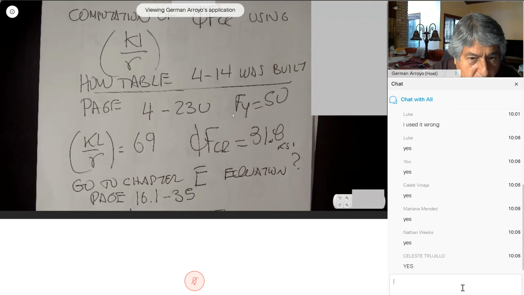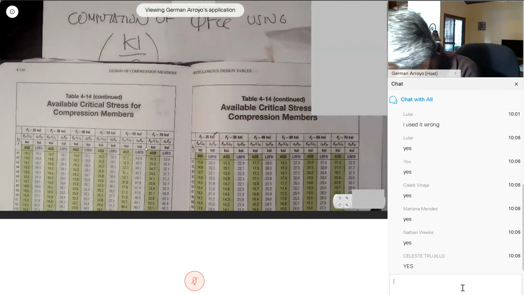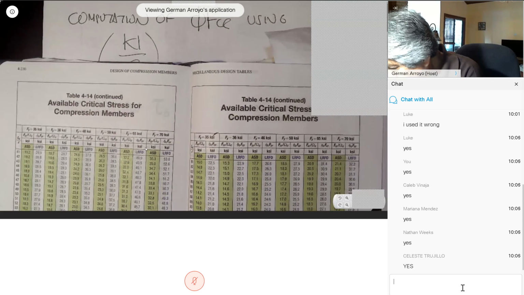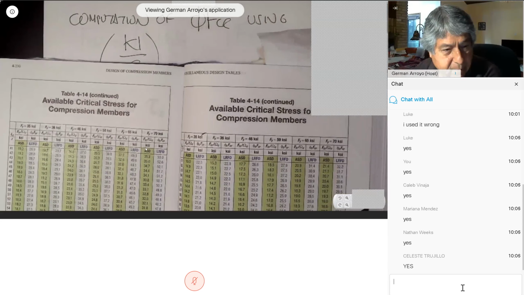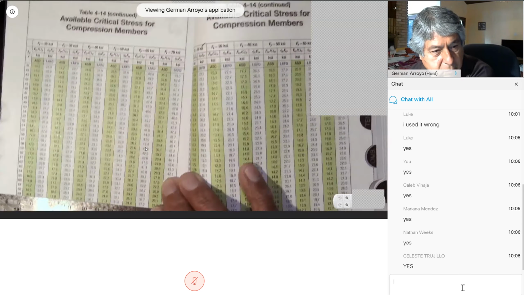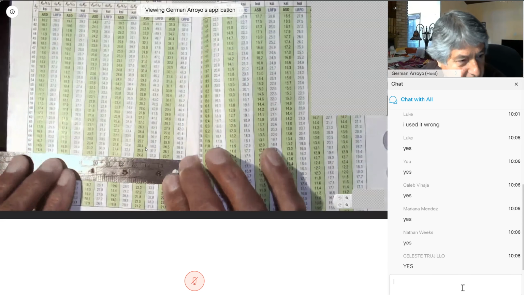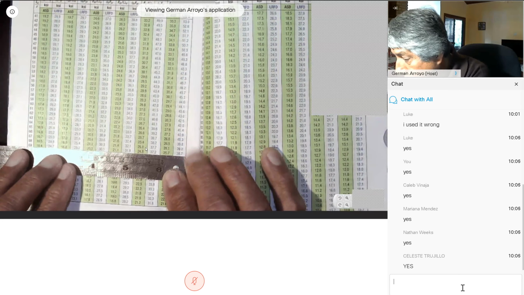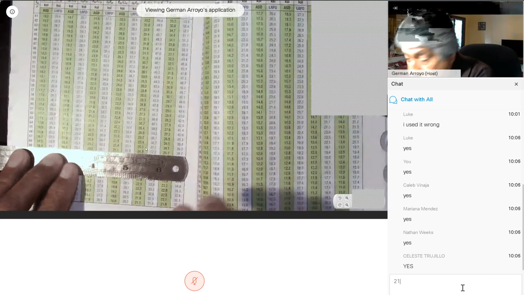And for Fy equal to 50 and KL over R equal to 69. So the way we do this, we go to 69. And for Fy 50, we read the value. And what value are you reading in there?